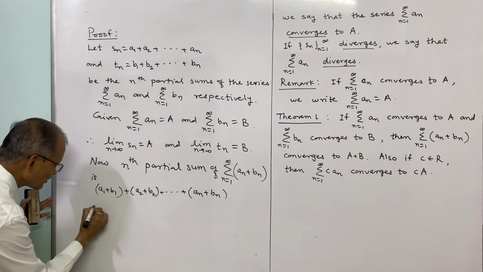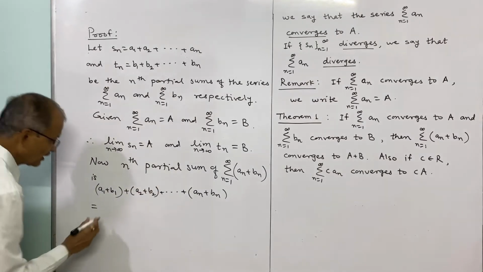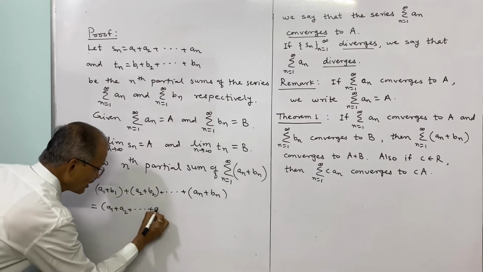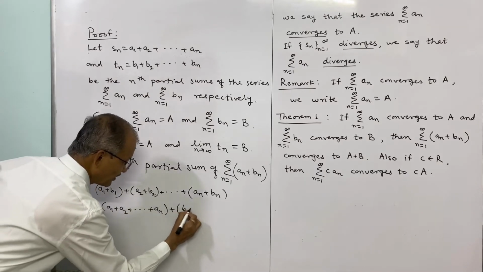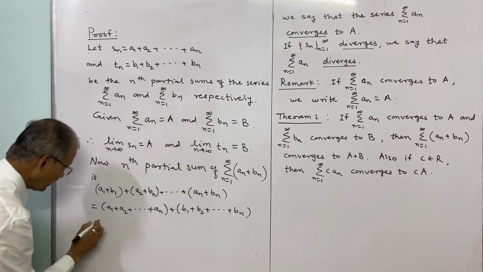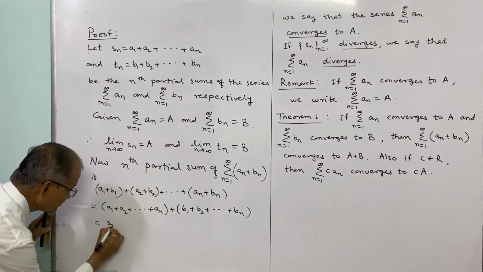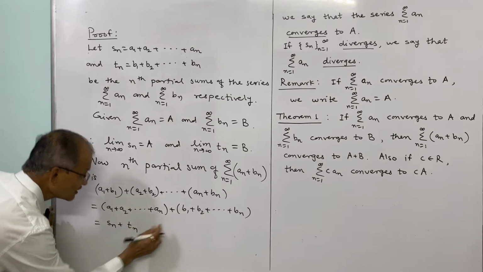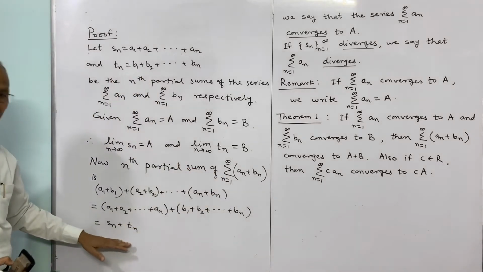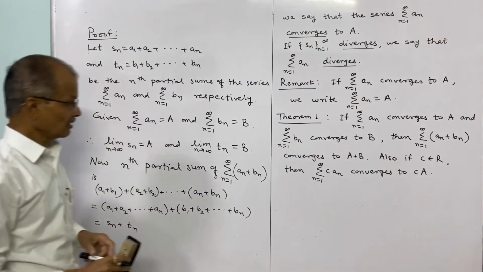So this is equal to, grouping the ai's and bi's, a1 plus a2 and so on up to an, plus b1 plus b2 and so on up to bn. And what is the first bracket? The first bracket is Sn, plus the second, which is Tn. So the nth partial sum of this series is Sn plus Tn, and now we shall find the limit of the nth partial sum.